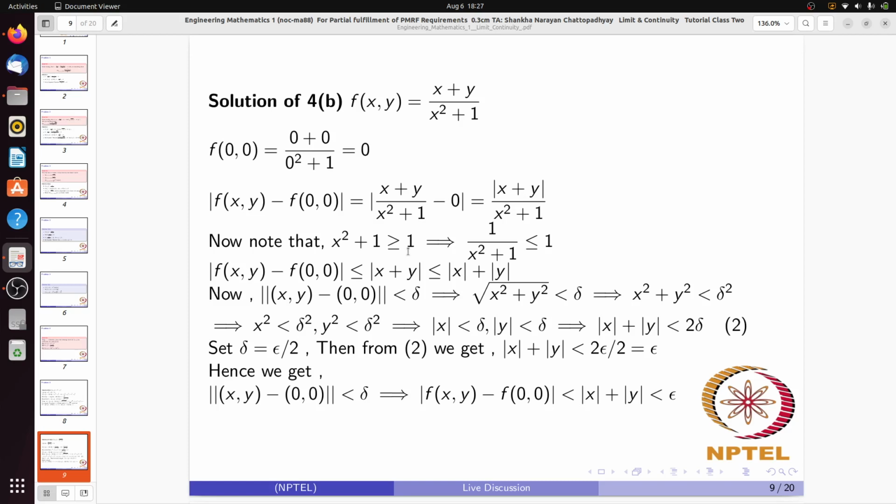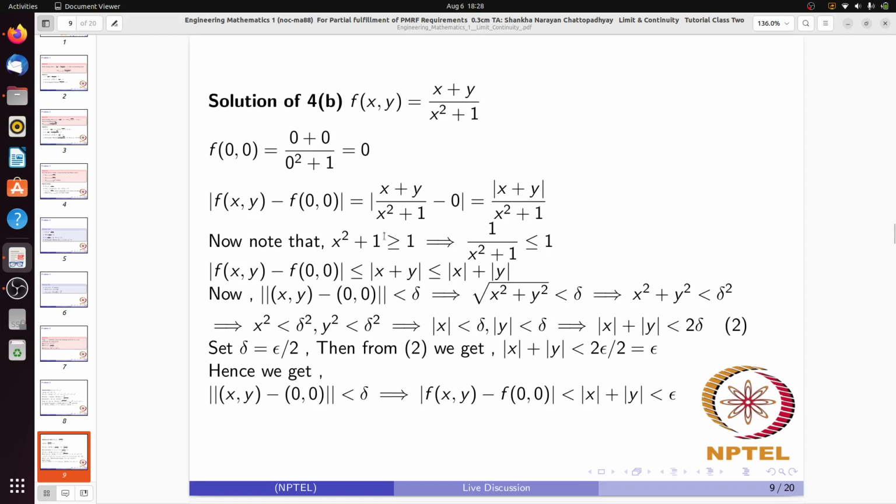Because x square is a positive quantity, and 1 is itself a positive quantity. If you add some positive quantity to 1, it will increase 1, right? So 1 plus x square should be greater than or equal to 1.